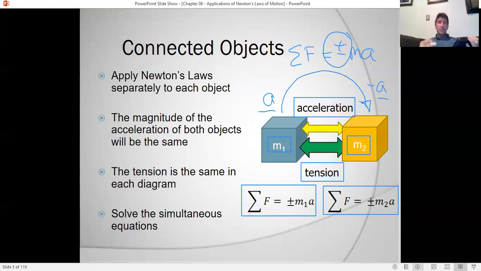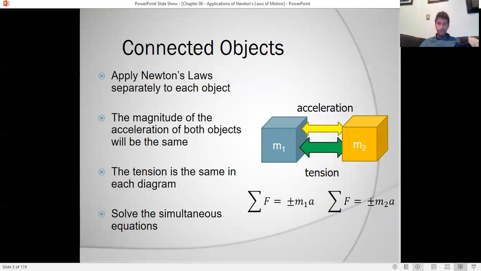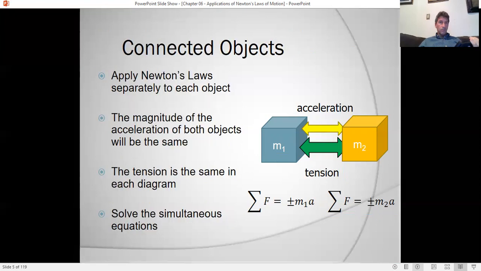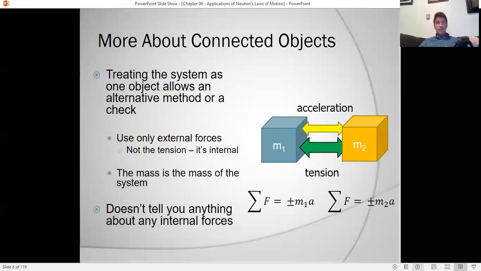And mass 1 can be accelerating in the positive x direction, while mass 2 could be accelerating in the negative y direction, okay? Just allows us to connect the two bodies together. So apply Newton's second law separately to each object. The magnitude of the acceleration will be the same. The magnitude of the tension will be the same. But of course, we might have that negative and positive sign.